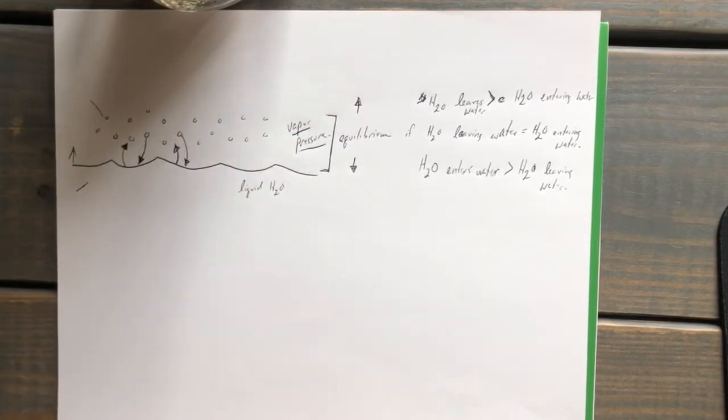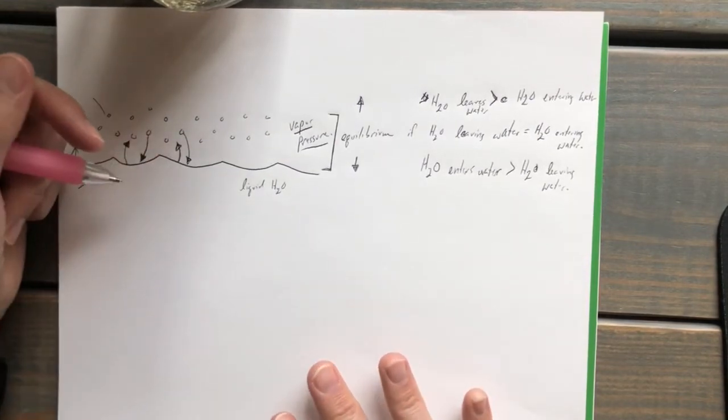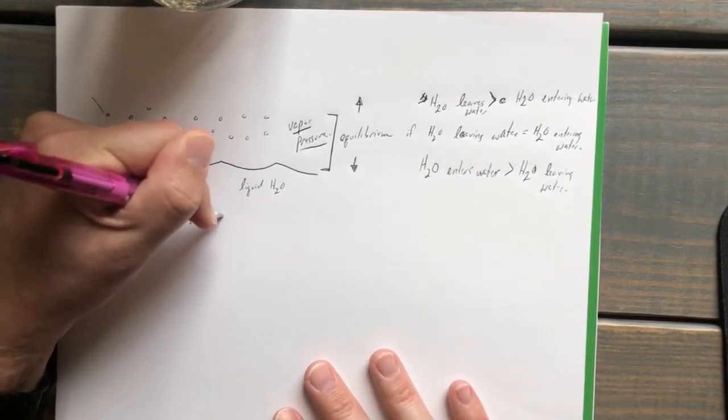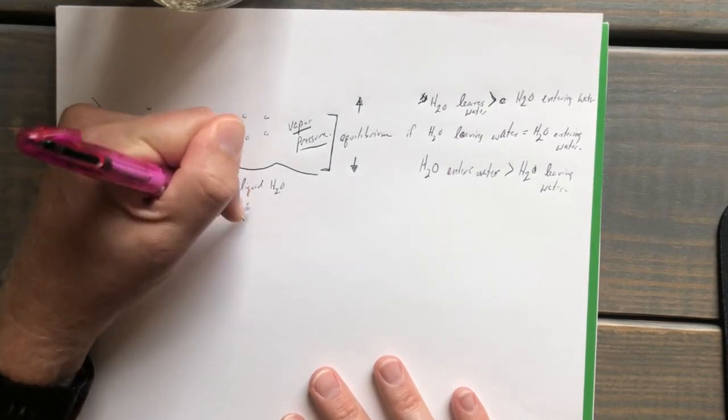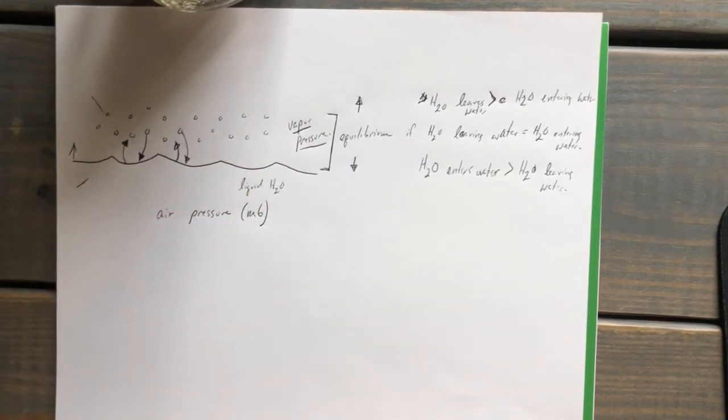Vapor pressure is the amount of air pressure exhibited just by water vapor. Many of you are familiar with air pressure. Air pressure is measured a variety of ways, and one way would be a millibar, just like a milliliter, 1,000th of a liter, 1,000th of a bar. But this is a pressure term instead of a volumetric term.